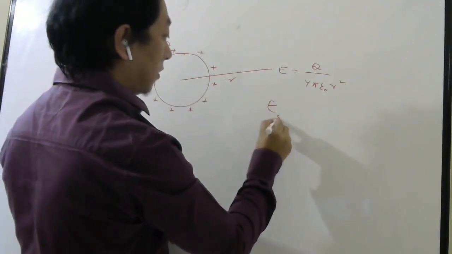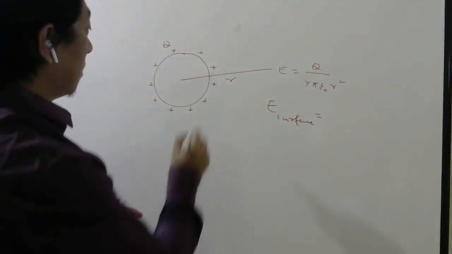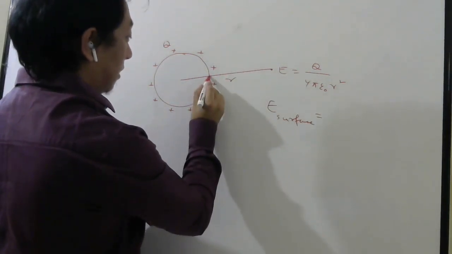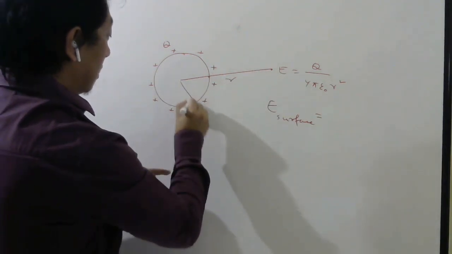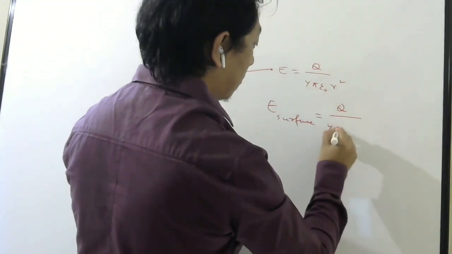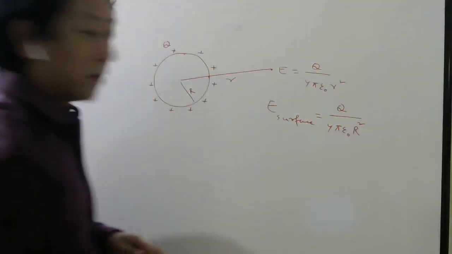And on the surface, if I ask, then what will happen? If this point is not here, but suppose here if I ask, then your small r will be this much, which will be the radius of the sphere. So the formula will be Q divided by 4 pi epsilon naught radius of the sphere square.